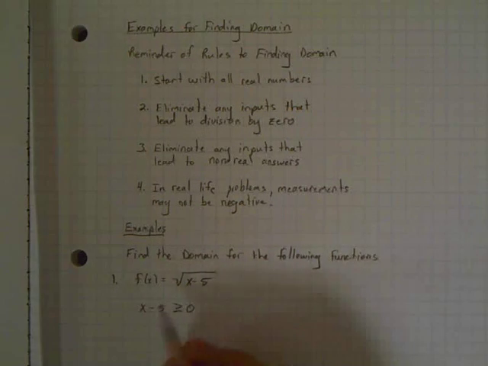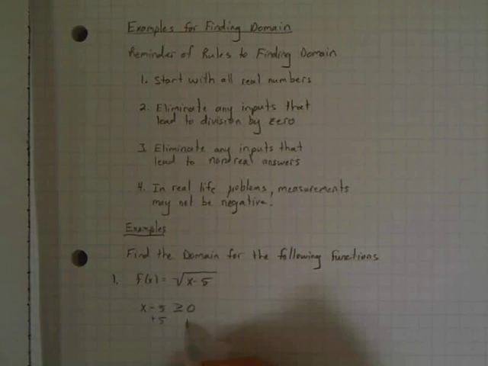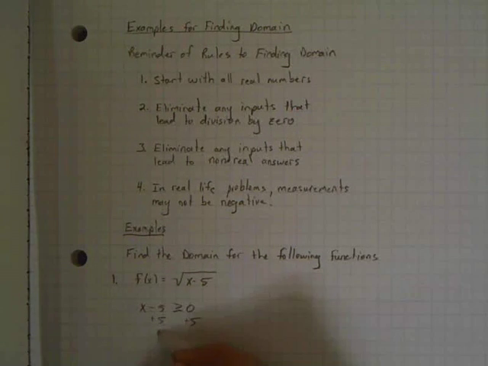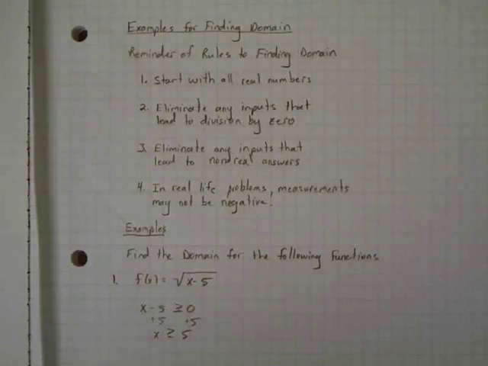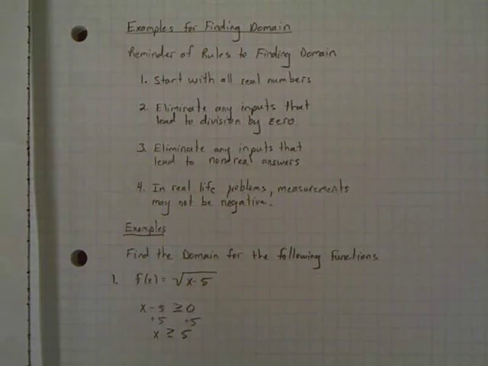So in solving this inequality, we're going to add 5 to both sides, and we end up with x is greater than or equal to 5. So any values 5 and greater than 5 are going to work for this function, and any values less than that are going to break our machine or function by giving us non-real answers.